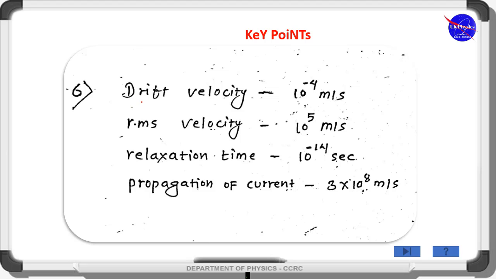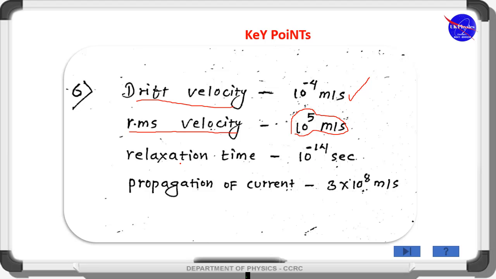Now move on to the next slide. Here are the basic points that we have to remember. The drift velocity of the free electron is of the order of 10 to the power minus 4 meter per second. This velocity is very small, and this is the RMS velocity of the electron, which is of the order of 10 to the power 5 meter per second.